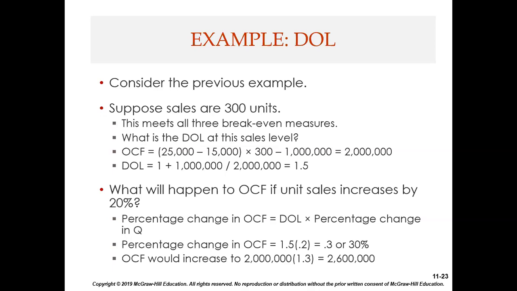So if we go back to our prior example on the project for $5 million, the operating cash flow is the selling price minus the variable cost times 300. Or you could have taken 25,000 selling price times 300 and subtracted from it 15,000 variable cost times 300.